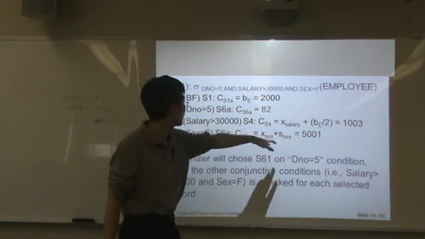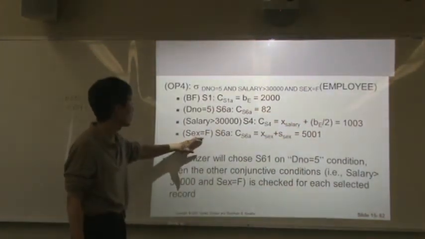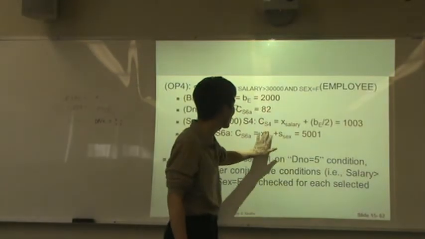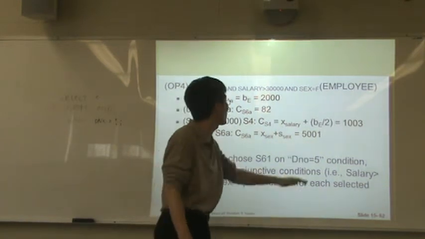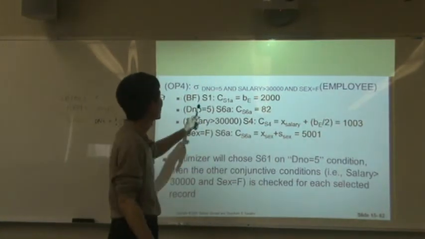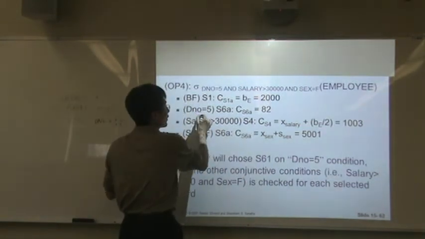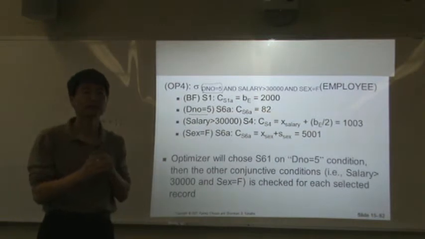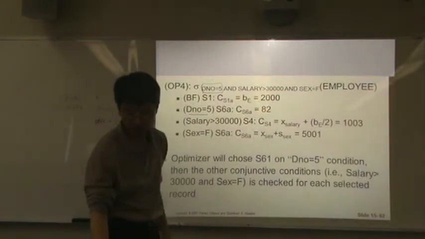Salary is a range query plus 2003. In case of sex equal to F, it's the level plus the selectivity. Cardinality is 5,000 because it's half and half, so 5,001. In this case, the DNO index is the lowest cost, which means the query optimizer will access the employee data using the DNO index. That can minimize the cost.